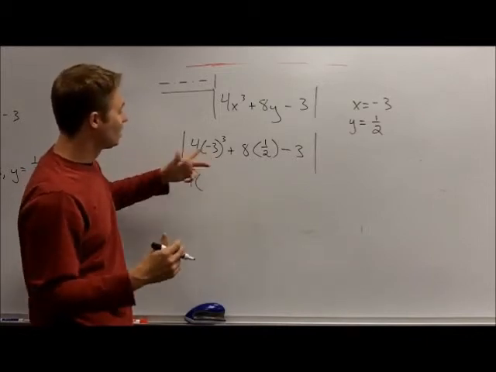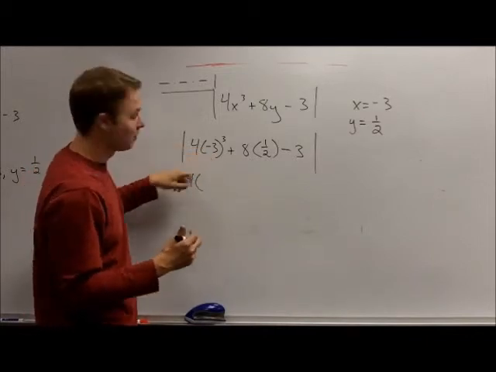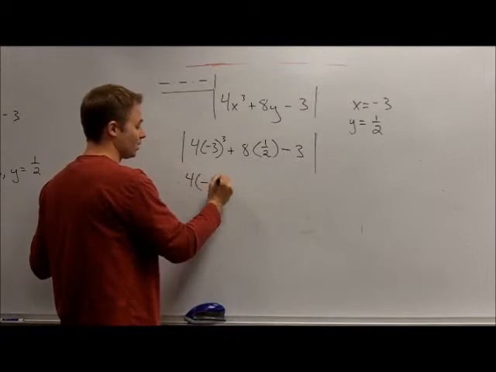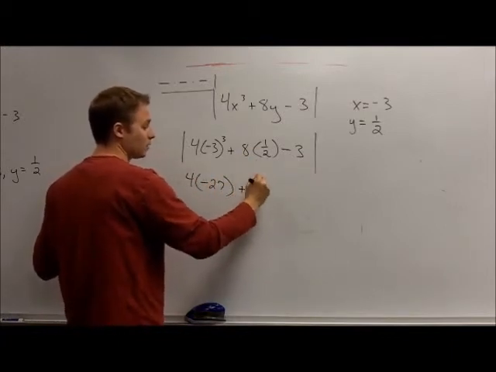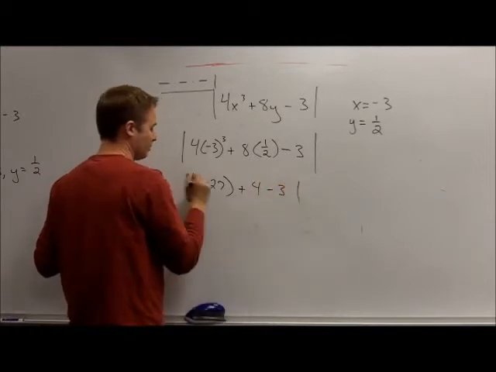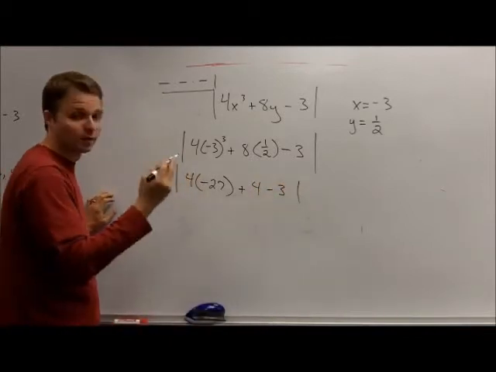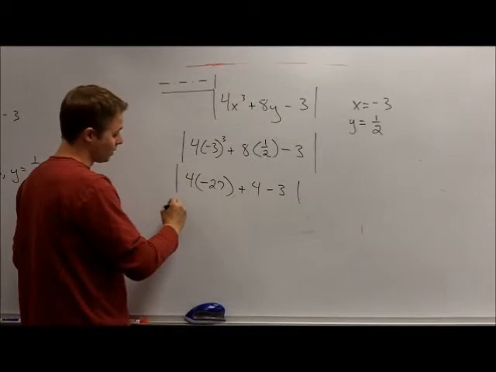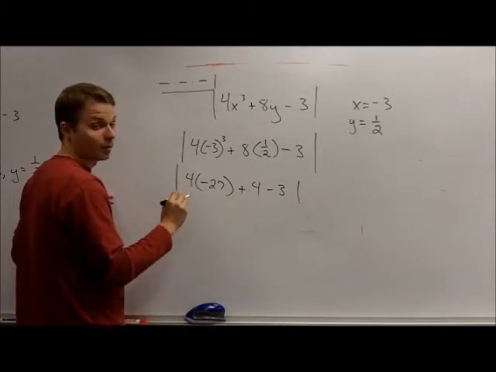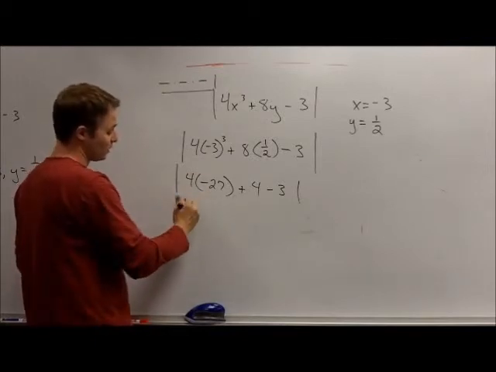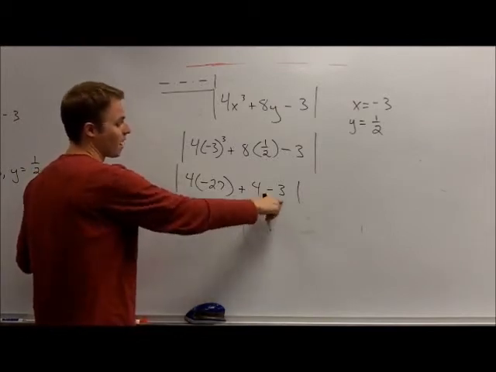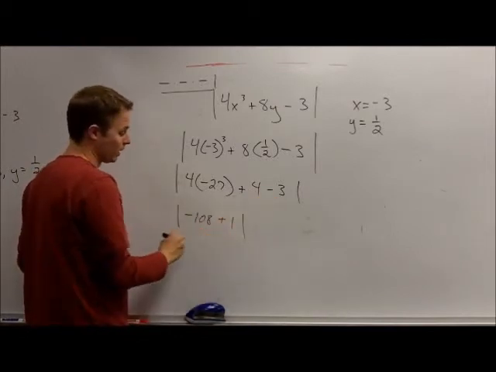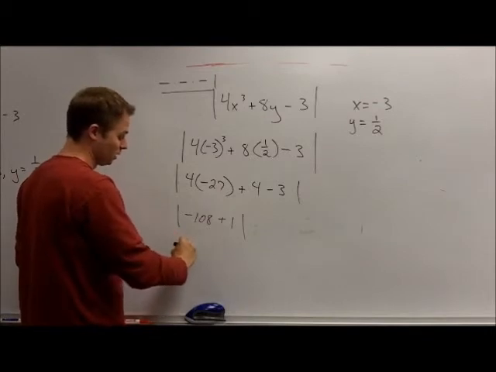So in this case, 3 cubed is 27, but it's negative, and it's to an odd power, so it'll be -27. 8 times 1/2 is 4. And sure enough, you probably recognize this from one of the other problems in the book, or one of the other problems in the notes that we've done before. This is -108. 4 minus 3 is 1, and so we get -108 plus 1.